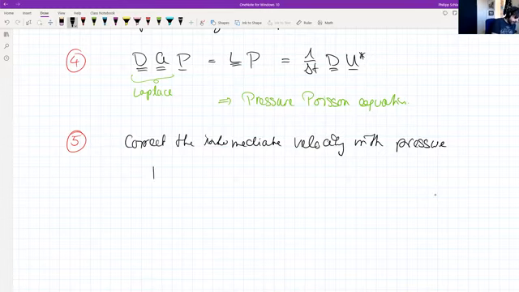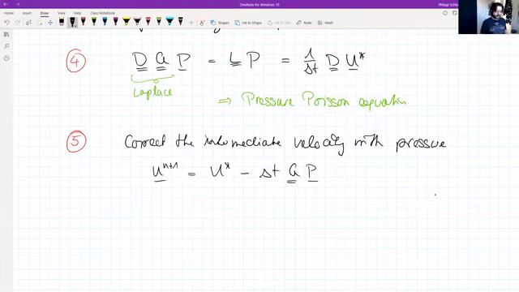So that means my u^(n+1) would then be u star minus delta t times G times p. And that is, as I said, the pressure correction, or you can also say a pressure projection.